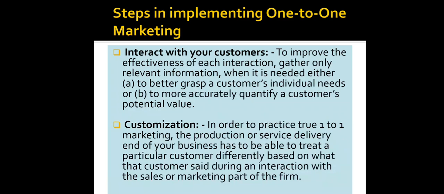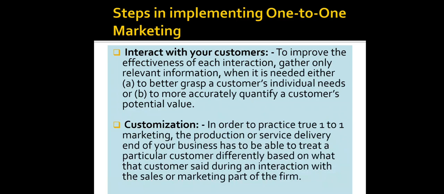We have to take only that information which is needed by us, when it is needed, either as a first step to better grasp a customer's individual needs or to more accurately quantify a customer's potential value. So only for this we will take the customer's information. Only for taking this information we'll interact with the customer.